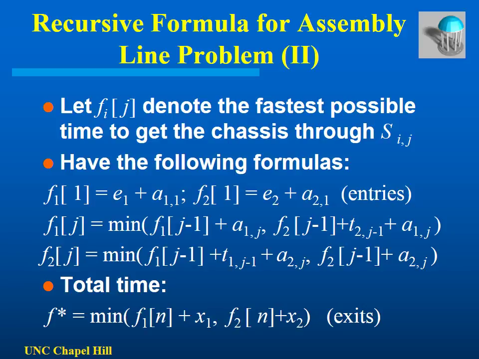So at the beginning, to get through the first stage of the first line, that's f sub 1 of 1, the time required is the entry time, E1, plus the time taken at the first stage of the first line, A sub 1,1. Similarly, for the second line, f sub 2 of 1 is the entry time, E2, plus the time taken to get through the first stage, A sub 2,1.